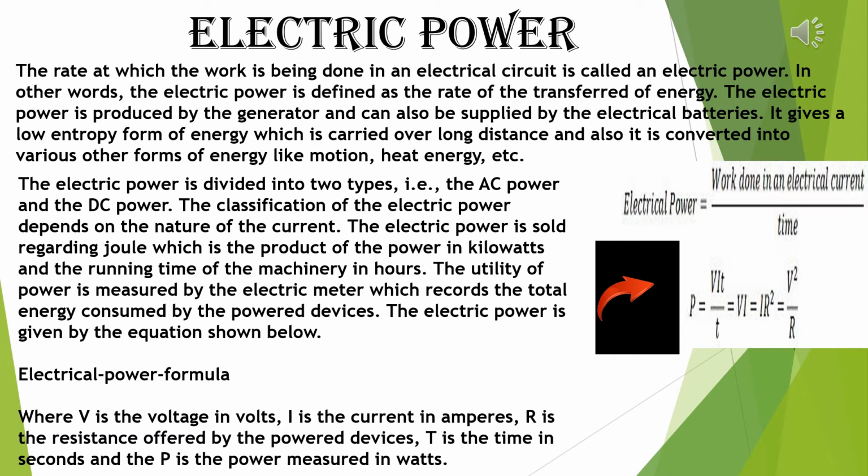Now, from Ohm's law, instead of V we can write I into R. But in the picture, it has been written I R square. No, this is wrong.